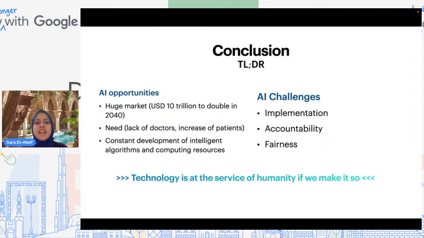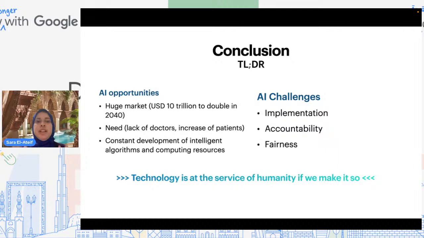That is why technology, the first time it was developed, was at the service of humanity. But it can only be so if we make it so. If we make this technology into our service, develop it so that it can help us humans, then it will be so.